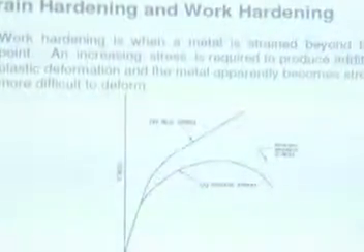If you further increase the stress to produce additional plastic deformation, the metal apparently becomes stronger and stronger. As you increase the load, the material experiences more strength and is more difficult to deform. Therefore, one can see this figure here. This is the stress-strain curve.